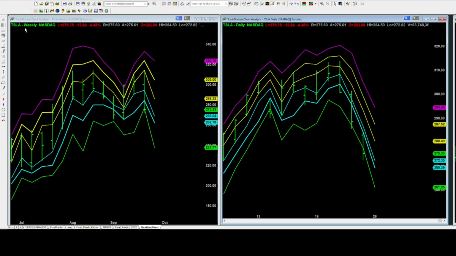So this is a Tesla weekly chart, and this is a Tesla daily chart. If this is a weekly chart, each vertical line is the actual fluctuation in a week, the actual Tesla stock price fluctuation.